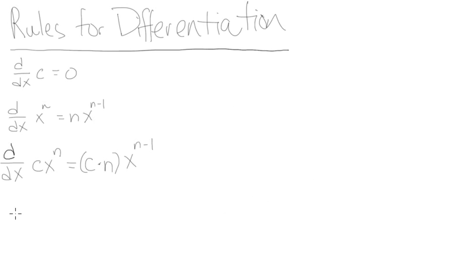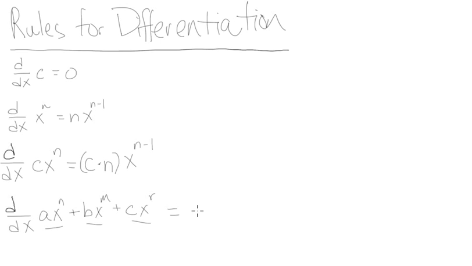The nice thing about polynomials is that, if you're taking their derivative, they are simply a series of terms that look something like this. So if you have a polynomial that is added together, so I might have ax to the n plus bx to the m plus cx to the r, whatever it is, I can take the derivative by simply taking the derivative of each of the terms separately.